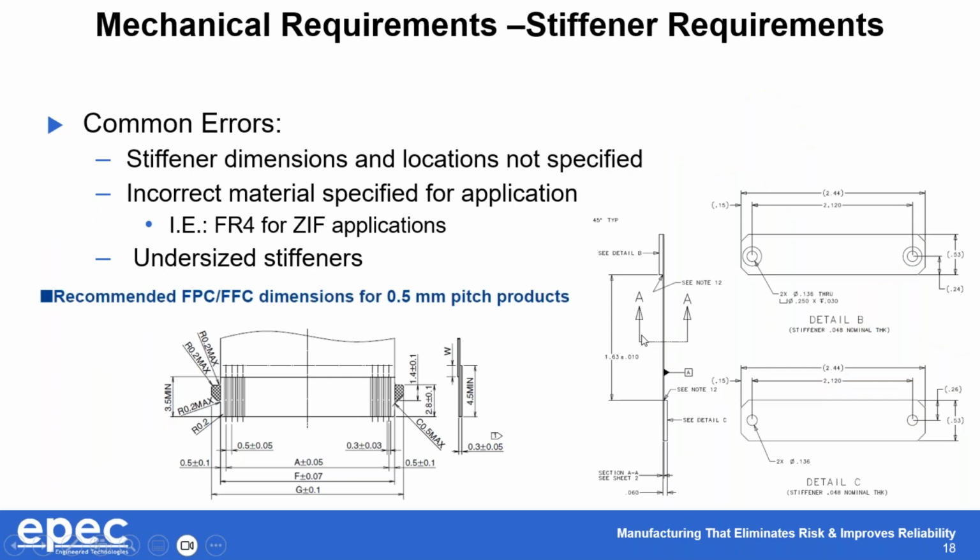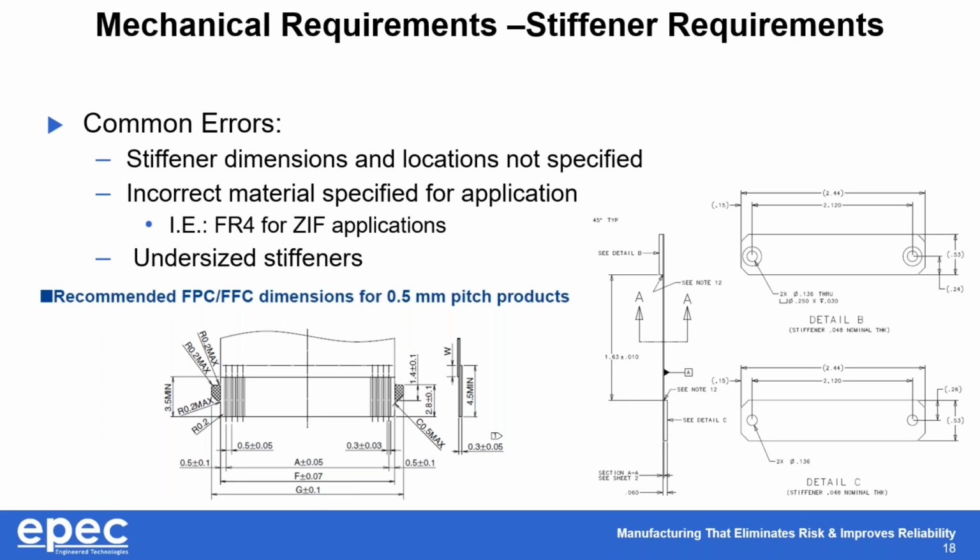Common errors we see for stiffeners are dimensions and locations not specified. So either it's not specified which layer the stiffener is supposed to be going on, or where on the design the stiffener is supposed to be located, or we have a drawing that just indicates a stiffener and never actually specifies a size.